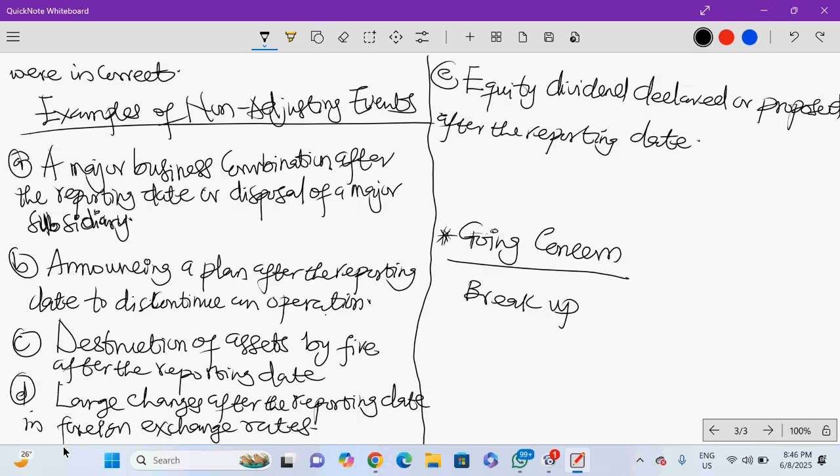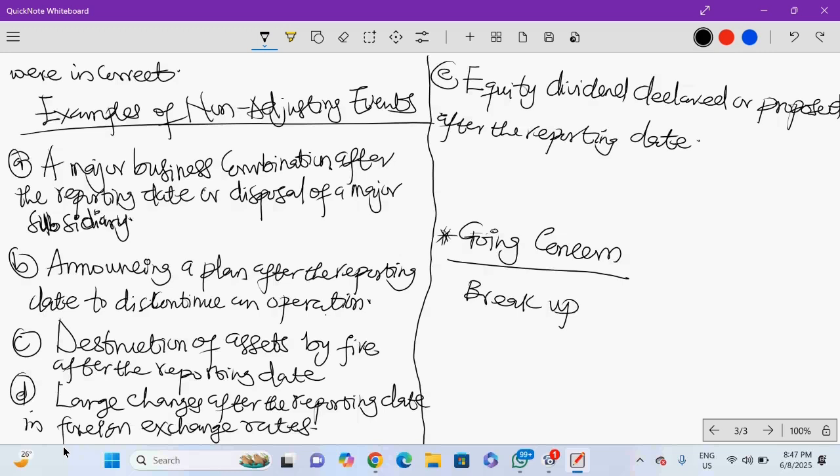In accordance with IAS 1, Presentation of Financial Statements, management would have to disclose any material uncertainties relating to events or conditions that will have an effect on the continuity of the business.